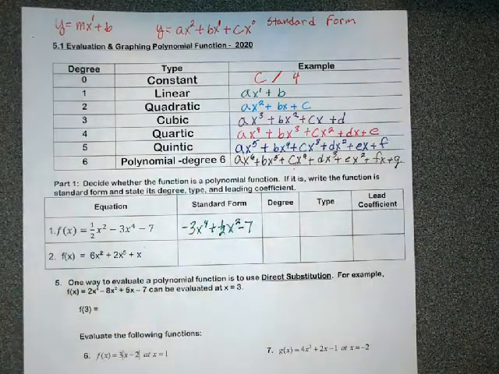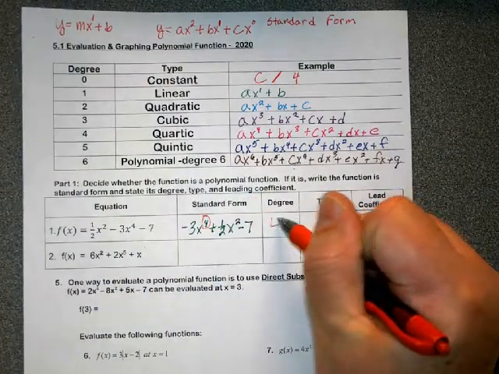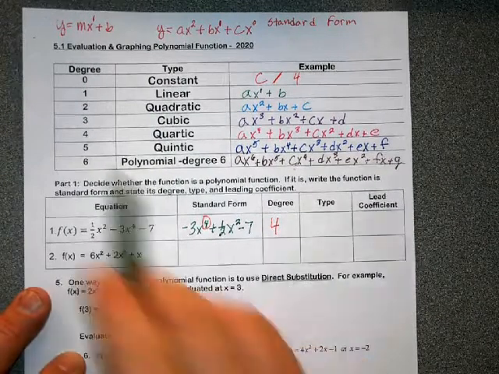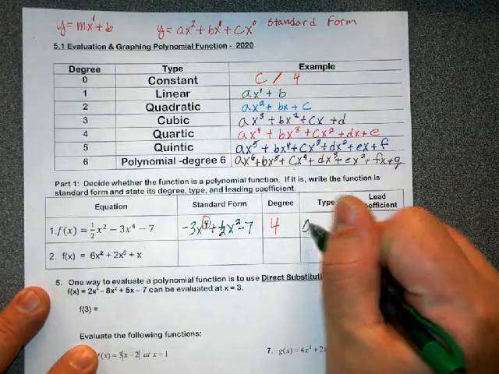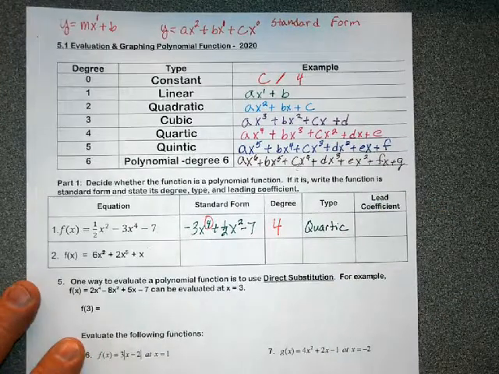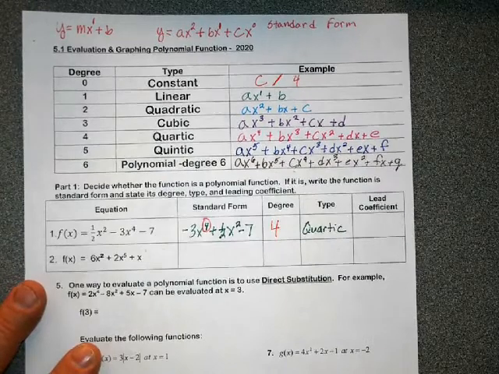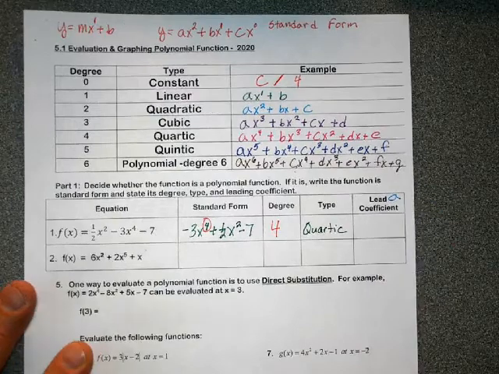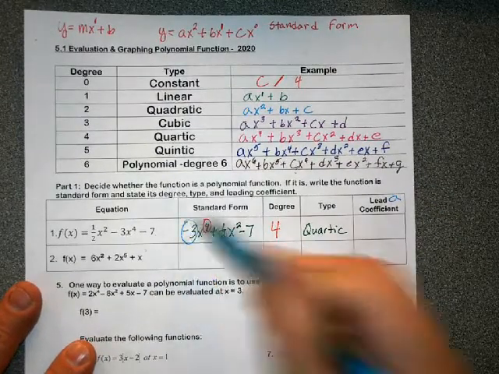My highest degree is 4, and what type is it? Well, I look at degree 4, and it's a quartic. And my lead coefficient is the coefficient a, which here is -3.